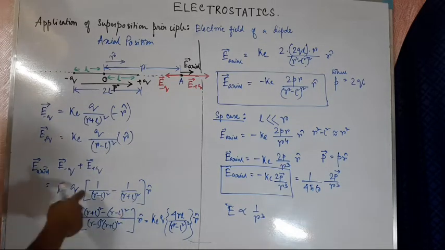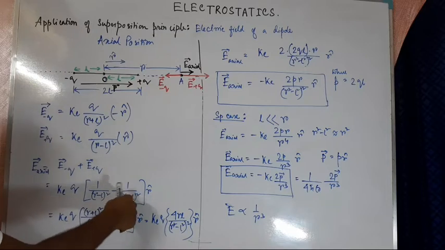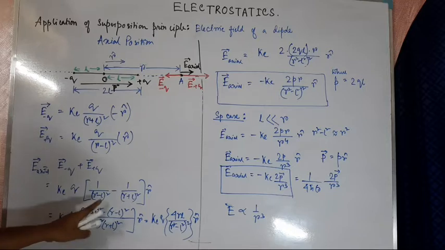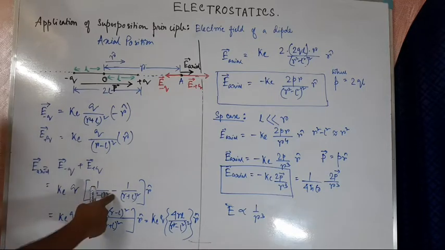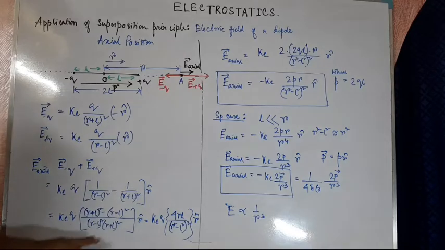Actually I have written E minus Q on the right and E plus Q on the left, and the minus sign is for that minus R cap. Here is just the algebraic form.